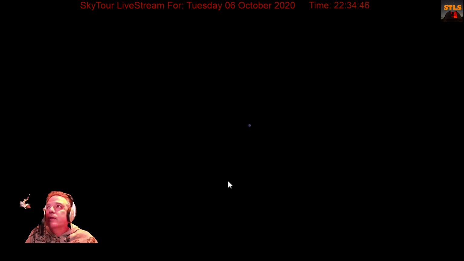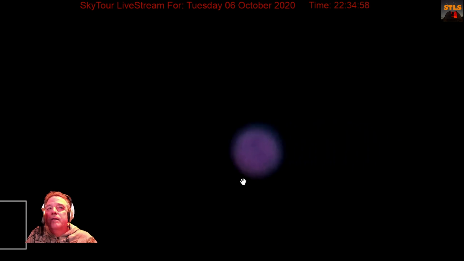Typically, just to give you an idea, that's how big Mars is in my telescope. See that little dot? That's how big it is in the telescope. But because we can zoom in and check it out higher, because we have some reasonable optics, we can see it a little bit better.